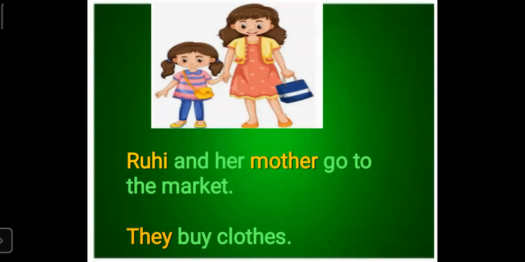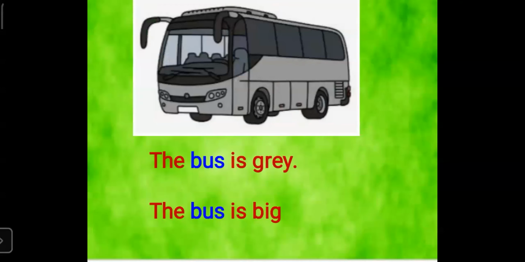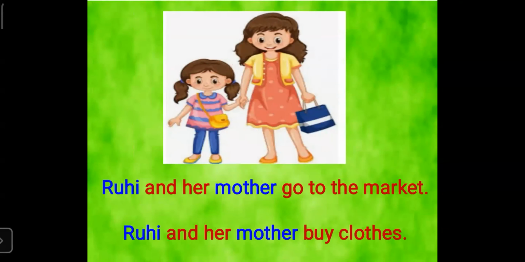Now see this example. Ruhi and her mother go to the market. Ruhi and her mother buy clothes. In the first sentence, children, who is doing the action?